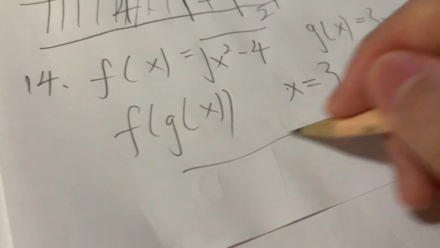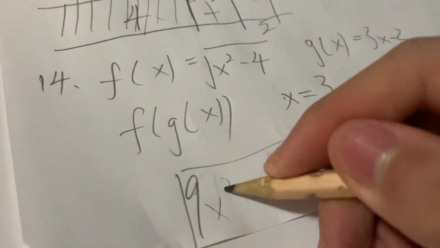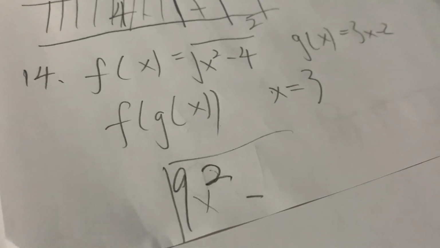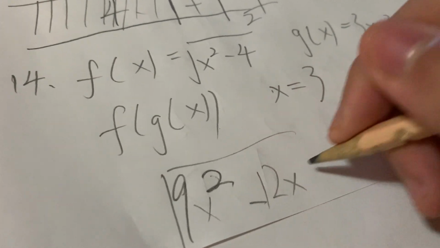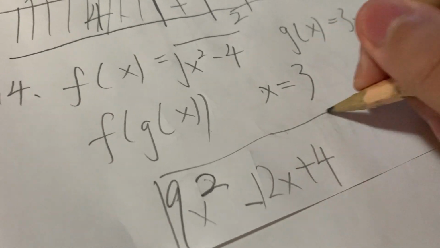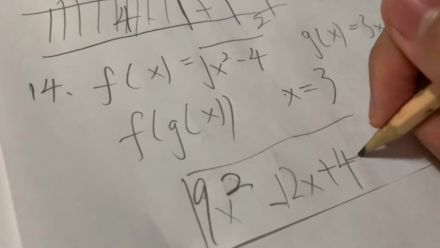So we can just substitute it. Substitute 3x minus 2, which is 9x squared minus 12x plus 4 minus 4.